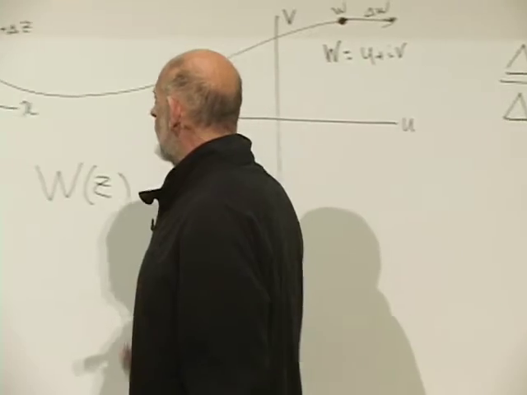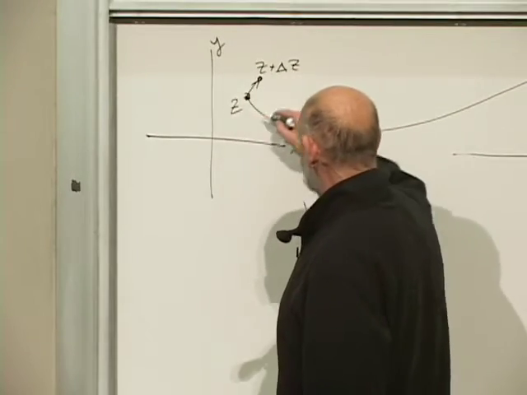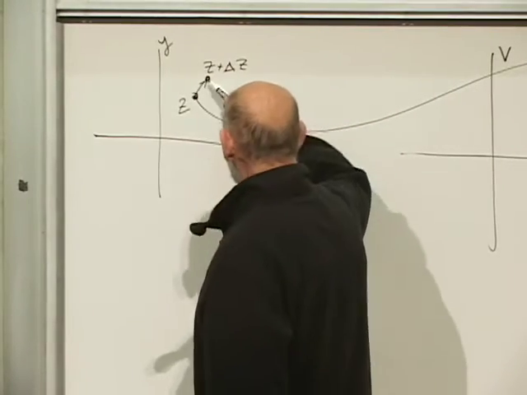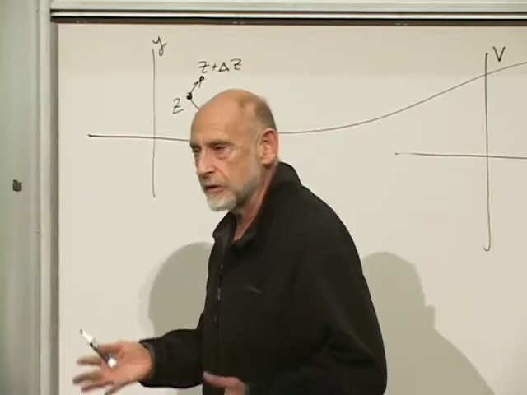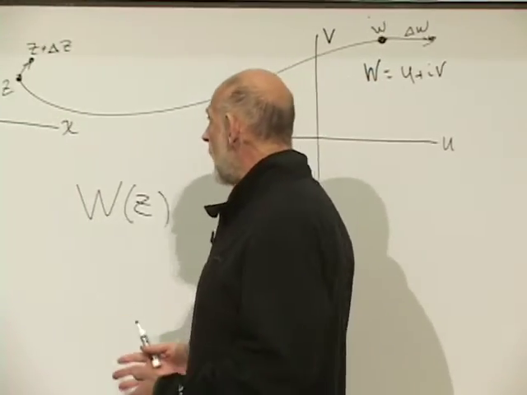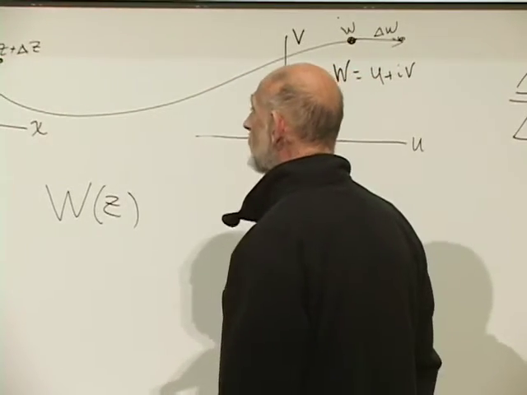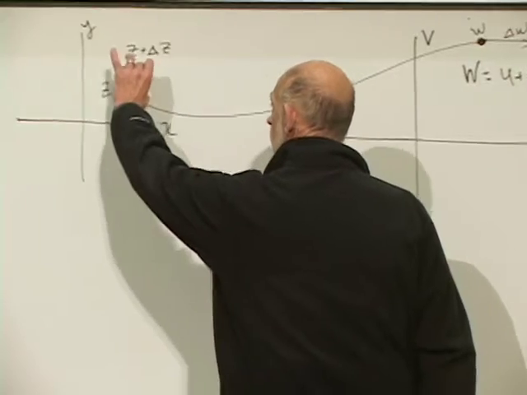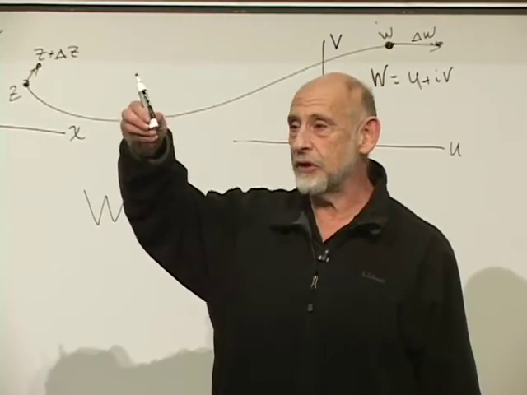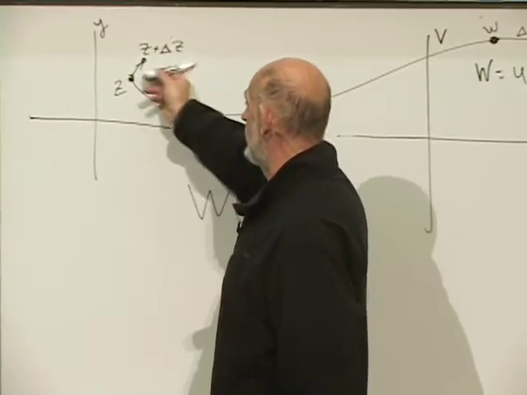You can approach the point z from any direction. And it's not at all clear that in general, even if the function is nice and continuous and has all sorts of good continuity properties, when you calculate the ratio delta w by delta z and then shrink the size of this, that the answer will be independent of which direction you're coming in from. You might get one answer if you come in from here.